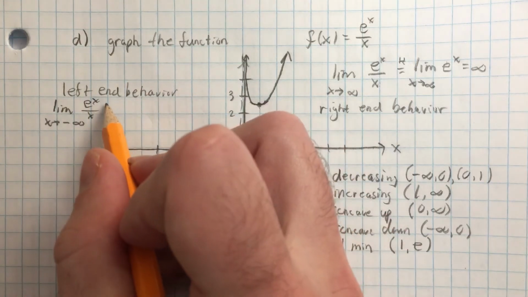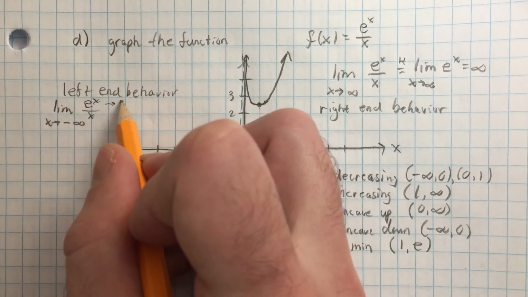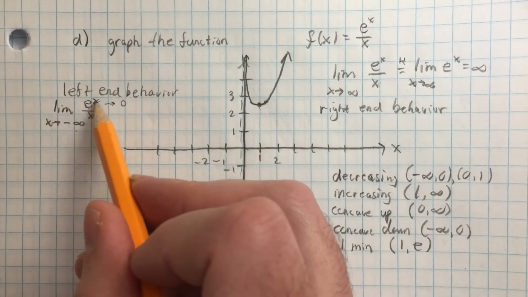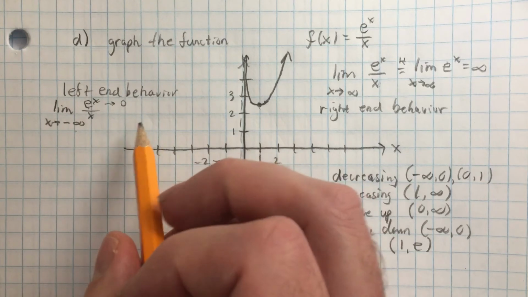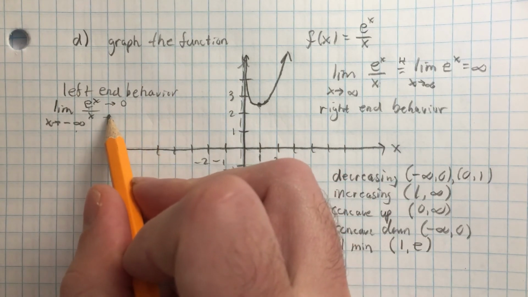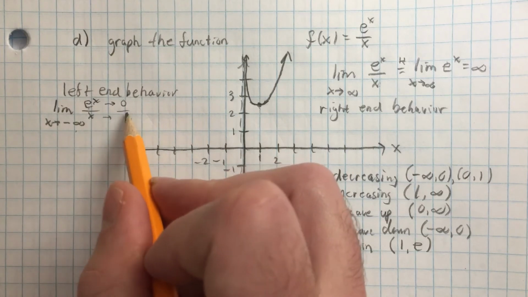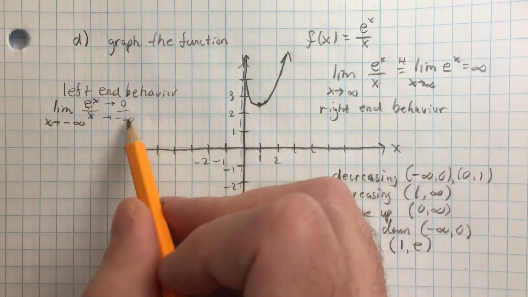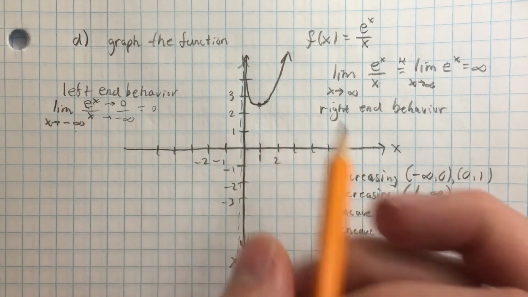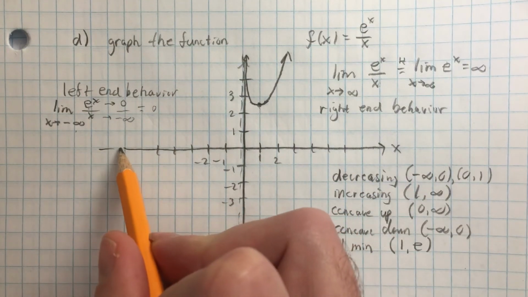Well, the top is heading towards 0. As x goes towards negative infinity, the exponential function gets smaller and smaller towards 0, always staying positive. And the bottom is heading towards negative infinity because that's x itself. So the 0 over negative infinity is not indeterminate. It's totally understood this is 0. Okay? So that means we have a horizontal asymptote, only on one side.